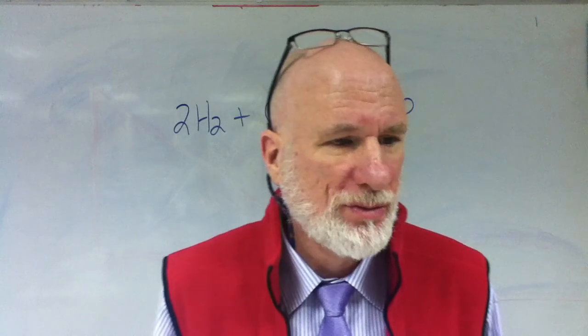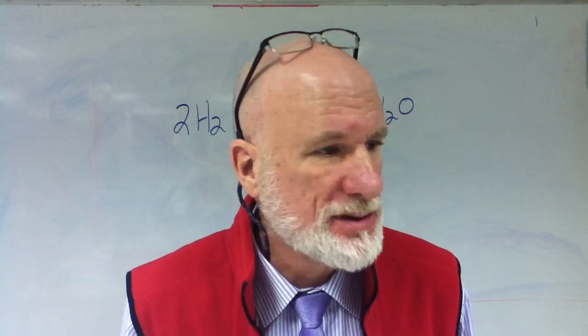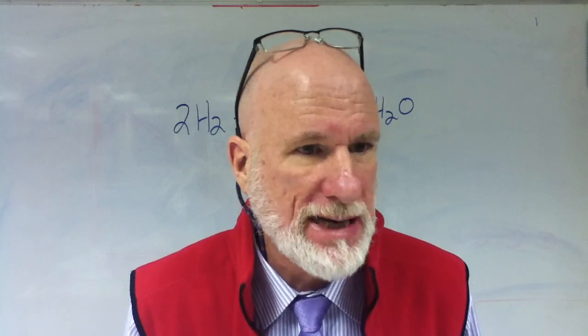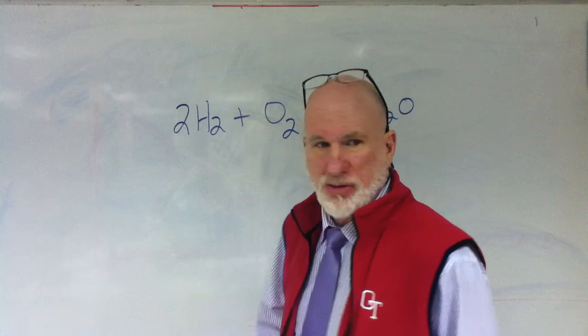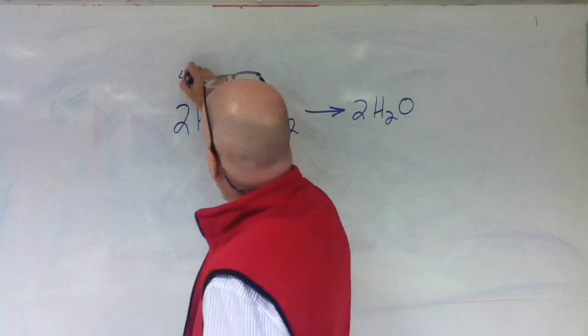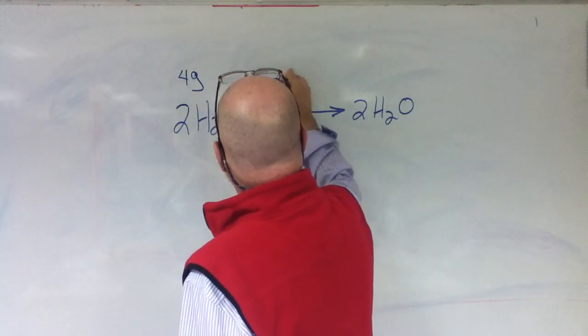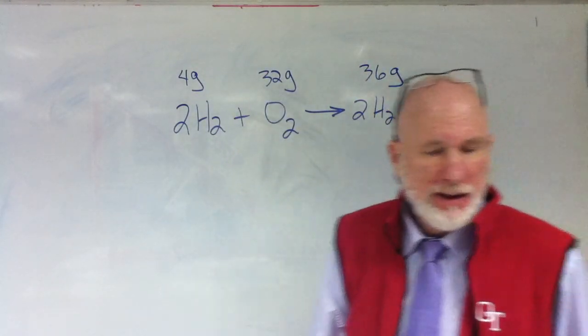What are you going to do to it? Yes, Simon. Like the mass? Yeah, the stoichiometric masses, just as it's written. So how many grams of that? 2 moles of H2 would be 4 grams, 32 grams, and 36 grams. Correct?